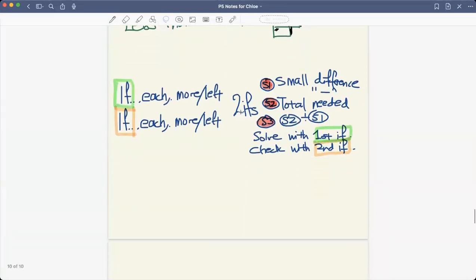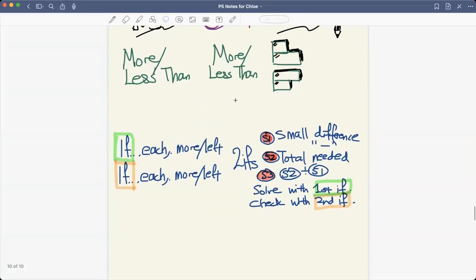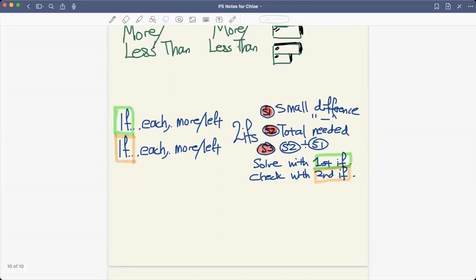Okay, next. Is your fraction or fractions.